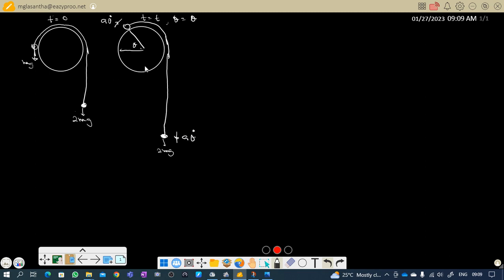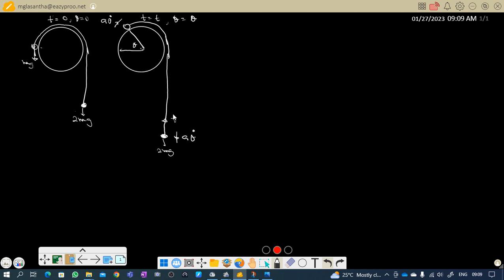When theta equals 0 at this point, and t equals 0, right? Now we can apply the energy conservation law for two cases. Energy at t equals 0 equals energy at t equals t, right?